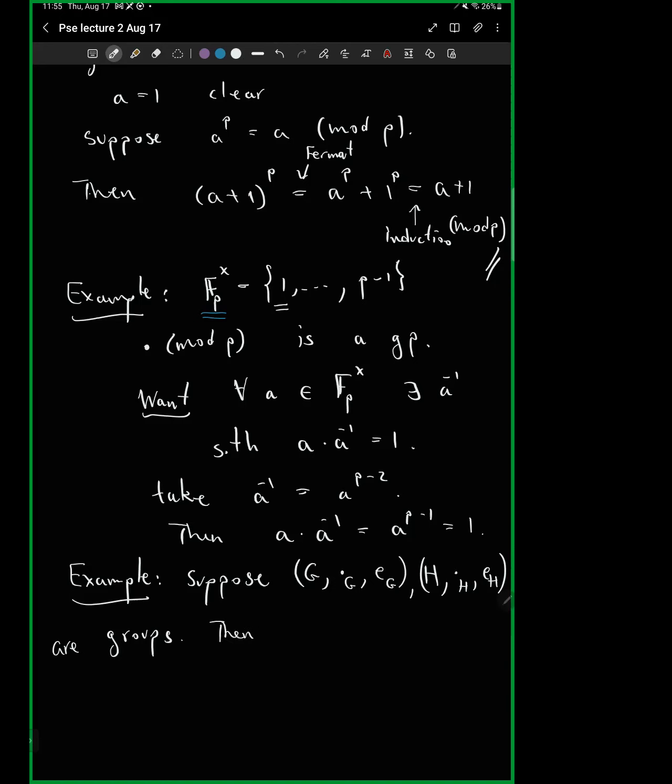Then I can consider the Cartesian product, G times H, which I remind you is the set of all ordered pairs X, Y, such that X is in G and Y is in H. And on this set G times H, I can define a binary operation.